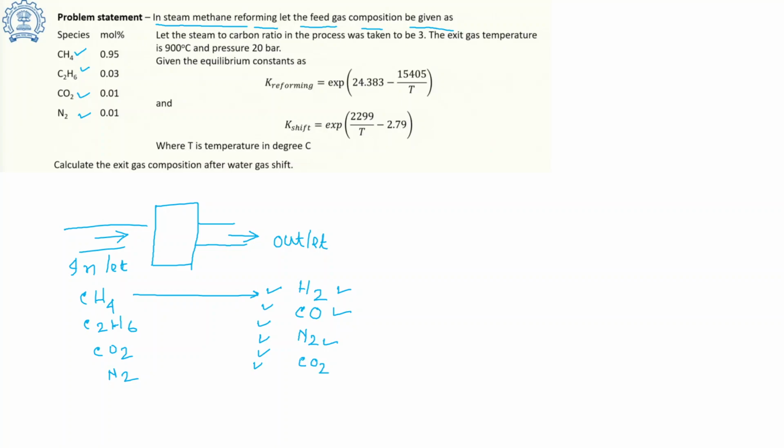The higher order fuel may be completely degraded, or a little amount may remain, so C2H6 stays as it is. The steam to carbon ratio is 3, the exit gas temperature is given, and this is the equilibrium constant.